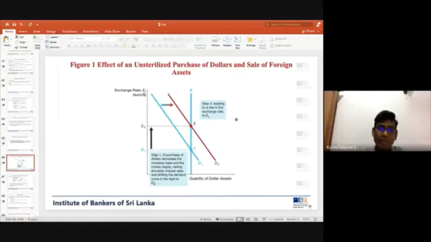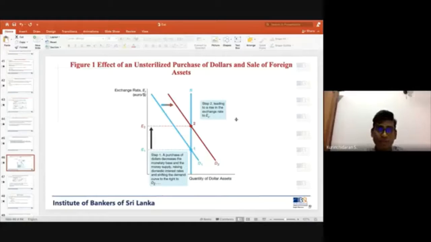When the money supply decreases, the domestic interest rate will rise, because now there is less money supply and more demand. The domestic interest rates will increase. That will shift the demand curve to the right, D2. When the demand curve shifts to the right, it leads to a rise in the exchange rate to E2.